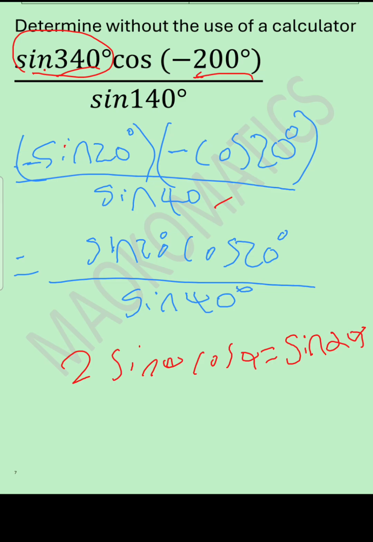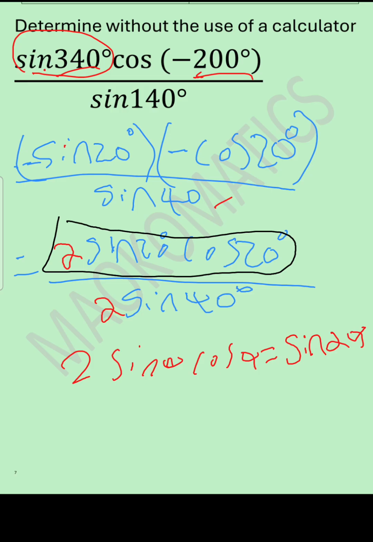So I put it top and bottom. I put the 2, but I also divide it by 2 so that the coefficient is still the same as 1. Right? So now this is changing to the double angle identity of sine that we know.